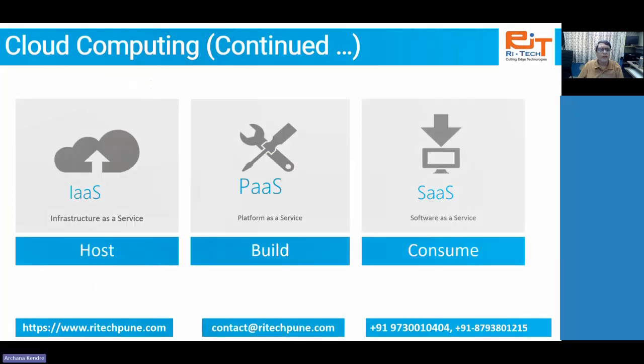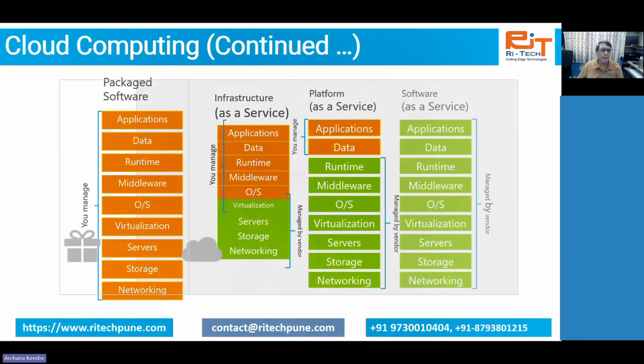Fine. Now, what happens if you do everything on your own? As a company, you need to do the networking, manage the storage, the servers, the virtualization, the operating system, middleware, runtime, data, and applications, everything.